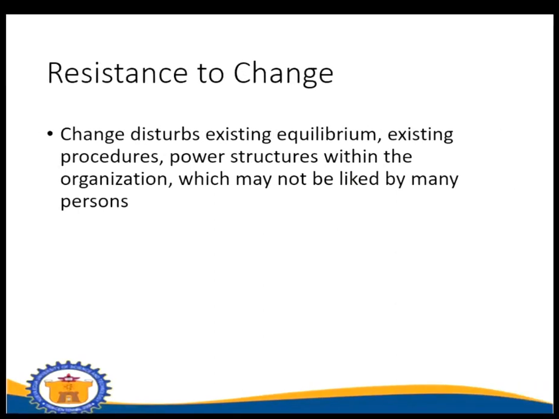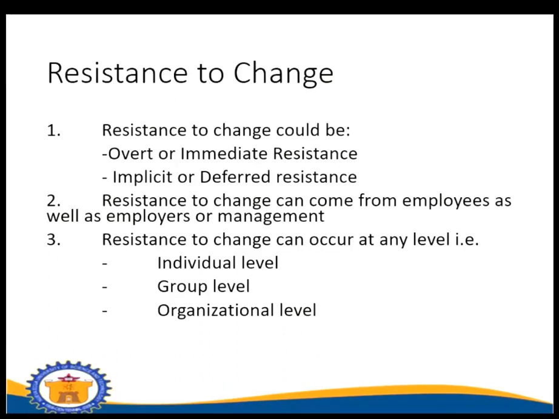Of course, resistance to change. Change disturbs existing equilibrium, existing procedures, and power structures within the organization, which may not be liked by many persons. So, number one, resistance to change could be overt or immediate, implicit or deferred.